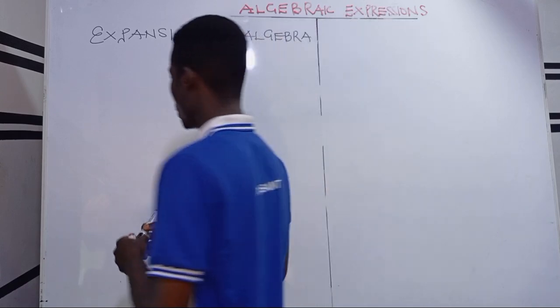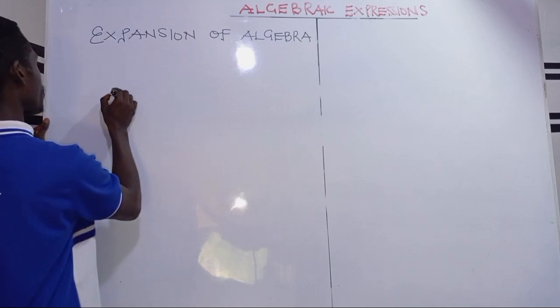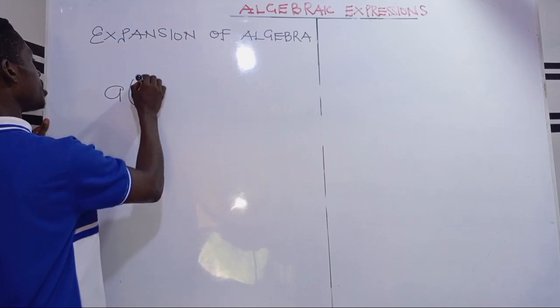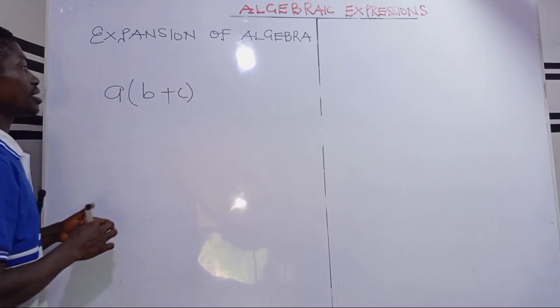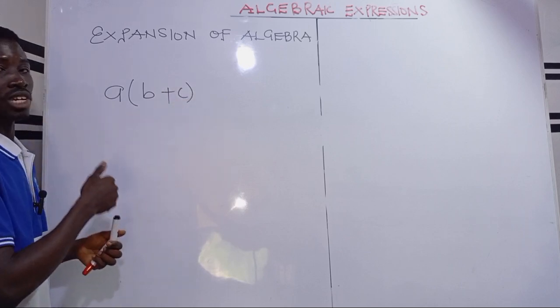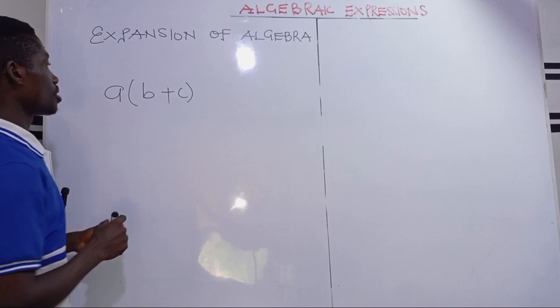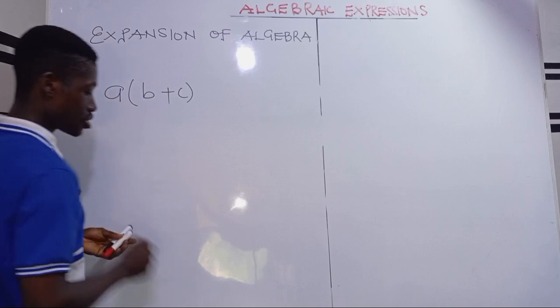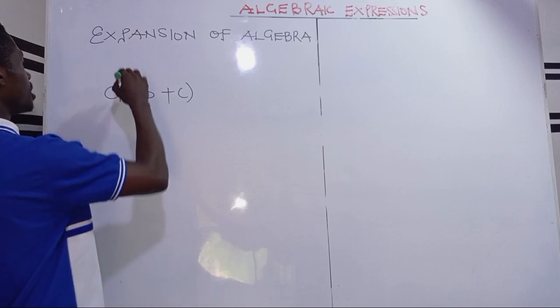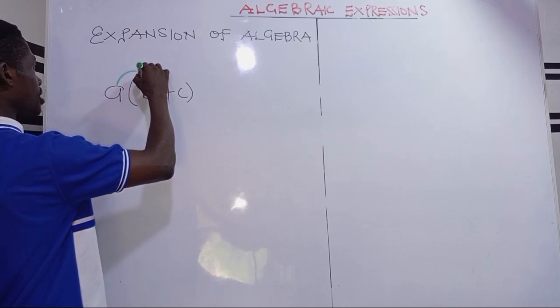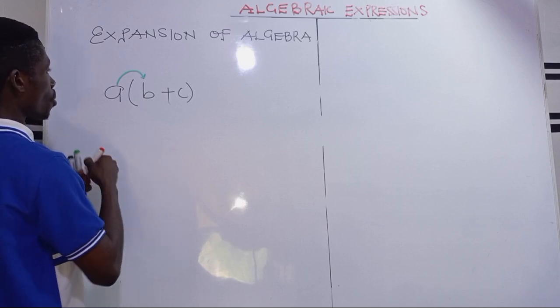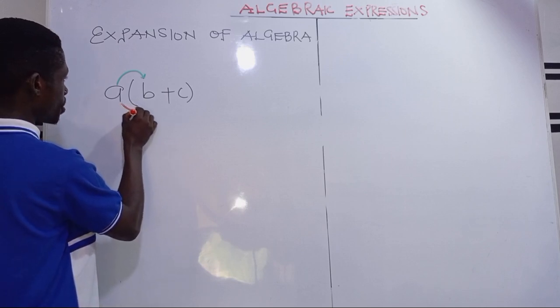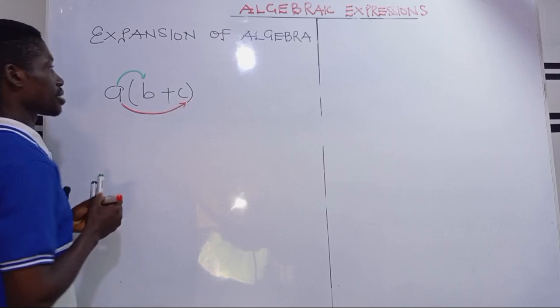So let's take it that you have A(B + C). In removing this bracket, we are going to expand the bracket. So what we are going to do is use the number or the variable outside the bracket to multiply the individual factors or terms within the bracket.